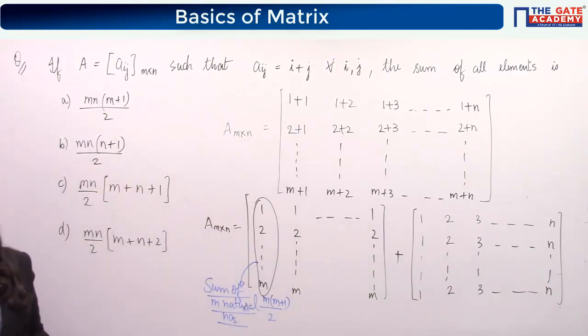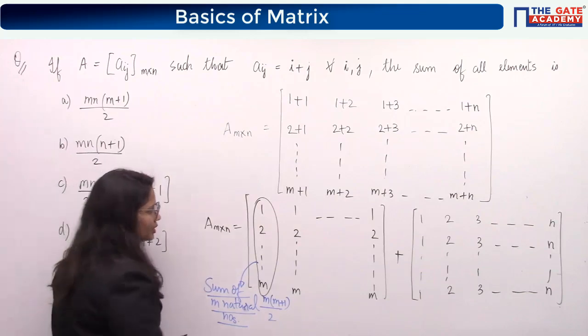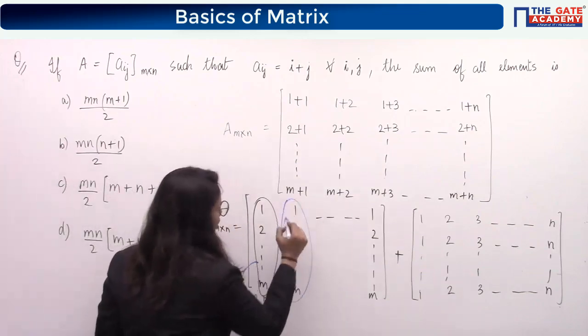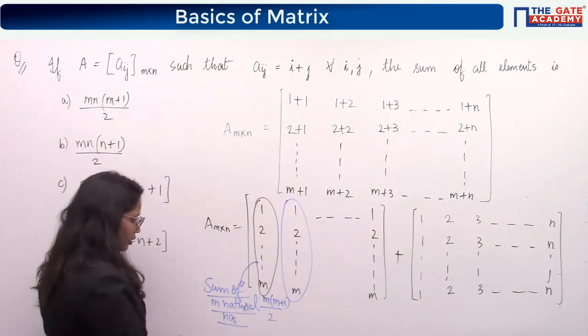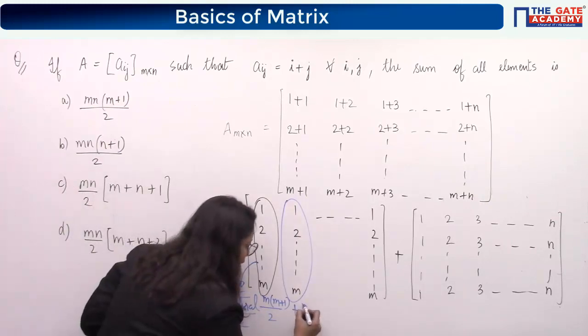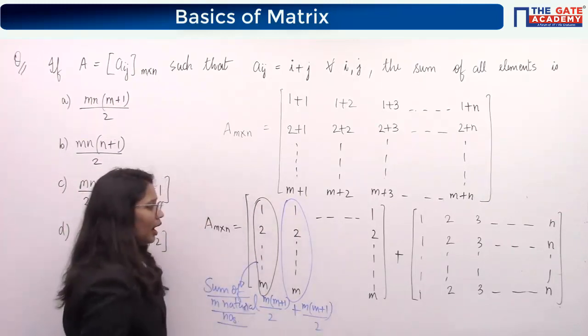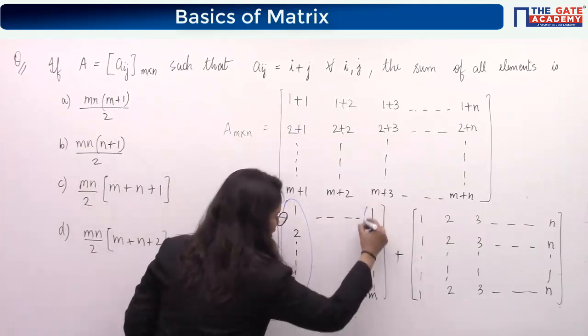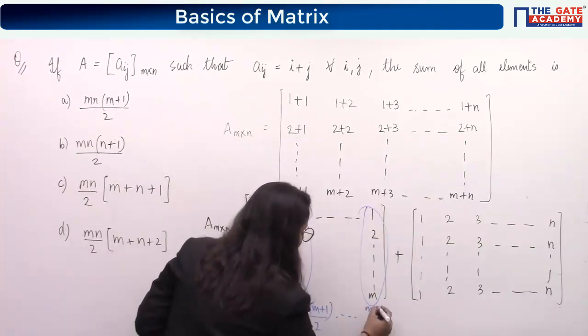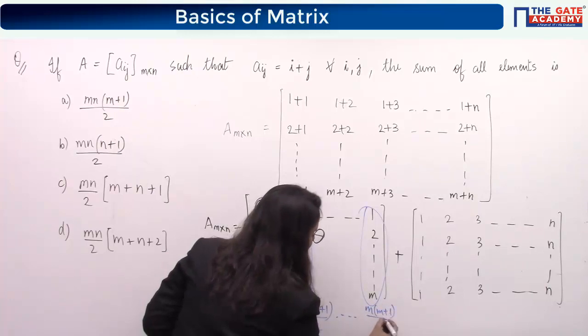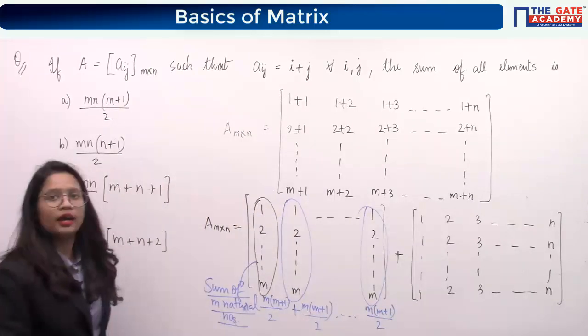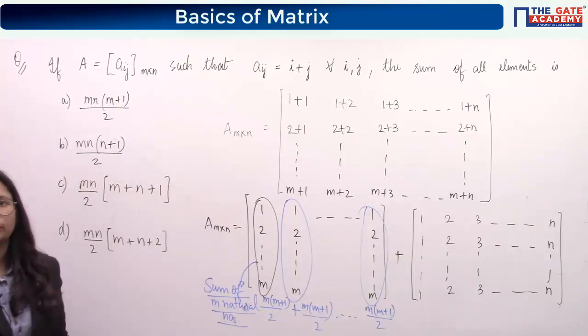So this is the sum of the elements of the first column. Similarly, the second column is also the same thing, sum of m natural numbers, and so on up to the last column, which will be again m into m plus 1 by 2. Everybody understood?